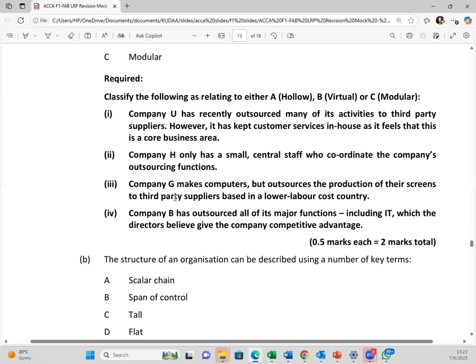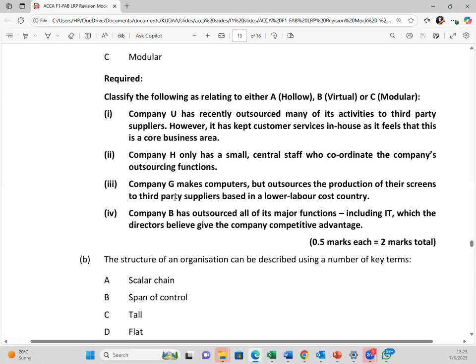What can we say about company B? Could I say B? What about others?